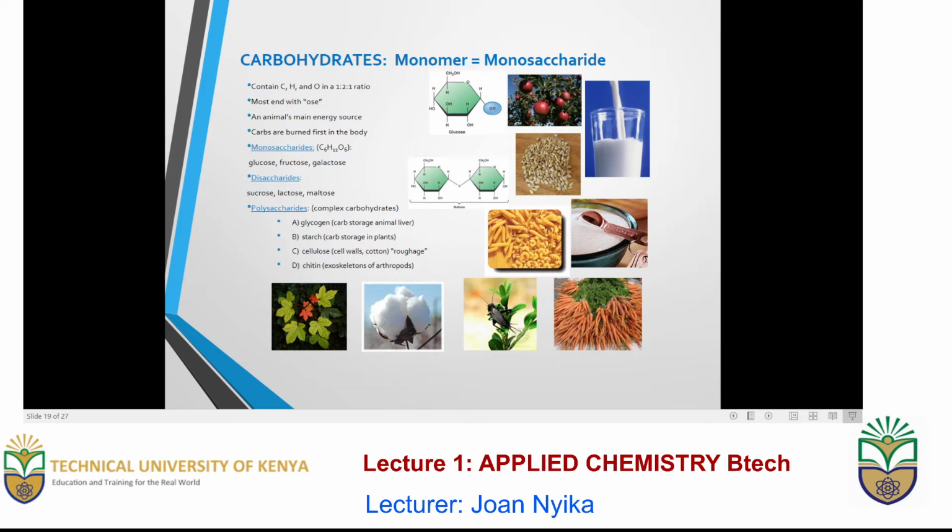They have the same number of carbon atoms, the same number of hydrogen atoms, and the same number of oxygen atoms as glucose, that is 6 carbon atoms, 12 hydrogen atoms, and 6 oxygen atoms. However, the arrangement of the various atoms in the compound is different.